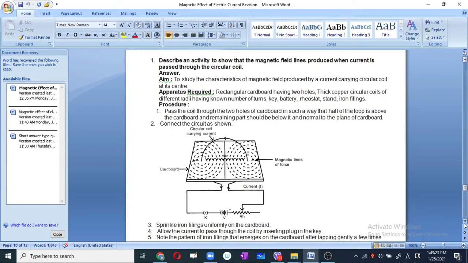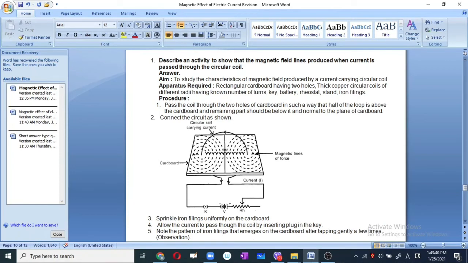The aim is to study the characteristics of the magnetic field produced by a current carrying circular coil.